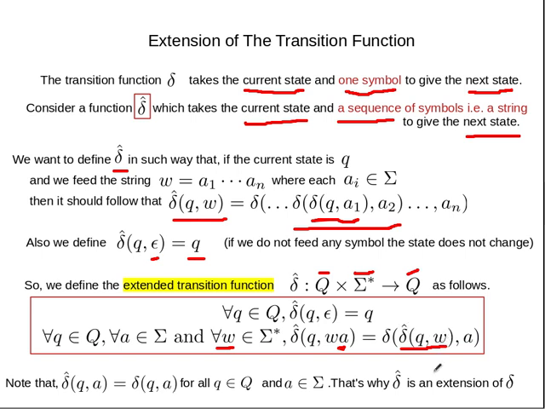And then from this state you just take one single step which is determined by this a, and then you arrive at this state. So you see that this delta hat is completely determined once you fix this delta, this transition function. Okay.